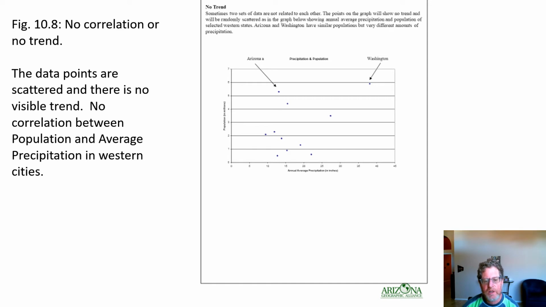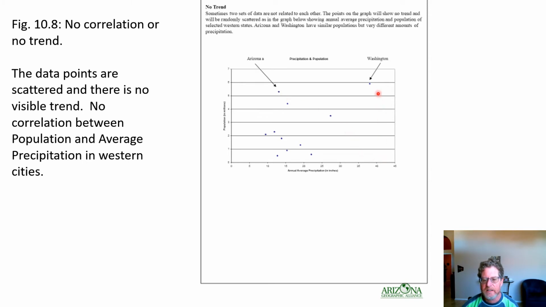Okay, so here's points, and there's no correlation between these variables. What are the two variables? The variables are population, how many people live in a bunch of Western cities, and then what is the average annual precipitation. So here's a city in Arizona. It has a high population but low precipitation.